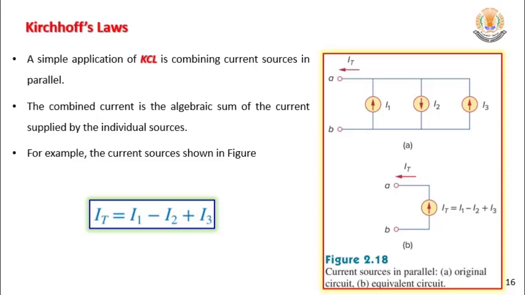And here we need to replace these 3 current sources by 1. So they can be replaced by 1. It's up to you to use up or down. If I use up, so what will be the current? I1 minus I2 minus I3.